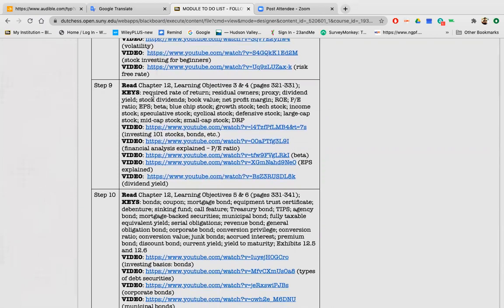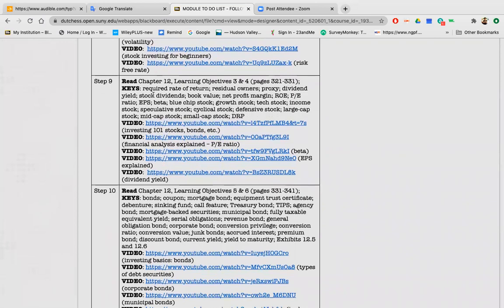So chapter 12 moves on to understanding more about stocks in general. They classify stocks as blue chip or growth or tech or income or whatever. The book has lots of them to look over.